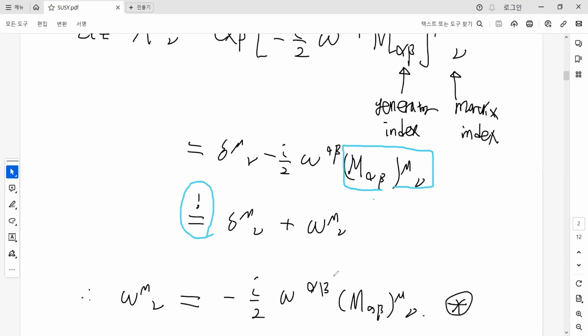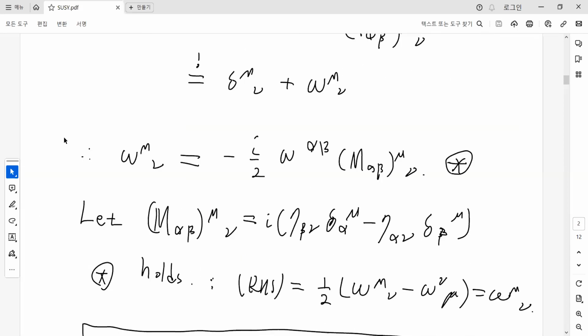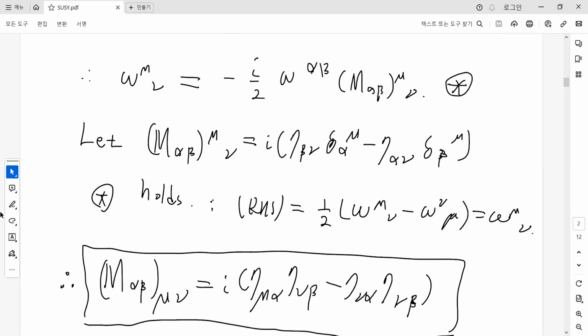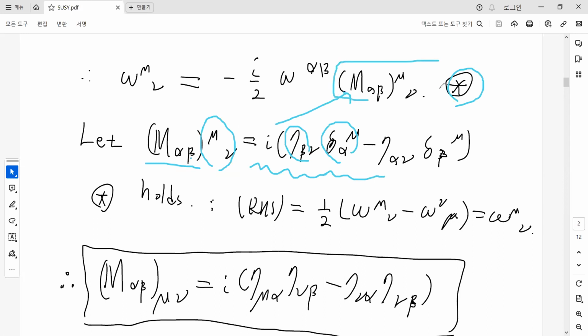And if we set a specific form of the generators like that, the alpha beta matrix element in terms of the Minkowski matrix and the Kronecker delta, then such conditions hold. So on the right hand side, if we insert this explicit form of the generator, because of the Kronecker delta the indices will be the same, and by the metric, the indices will be lowered and then raised.